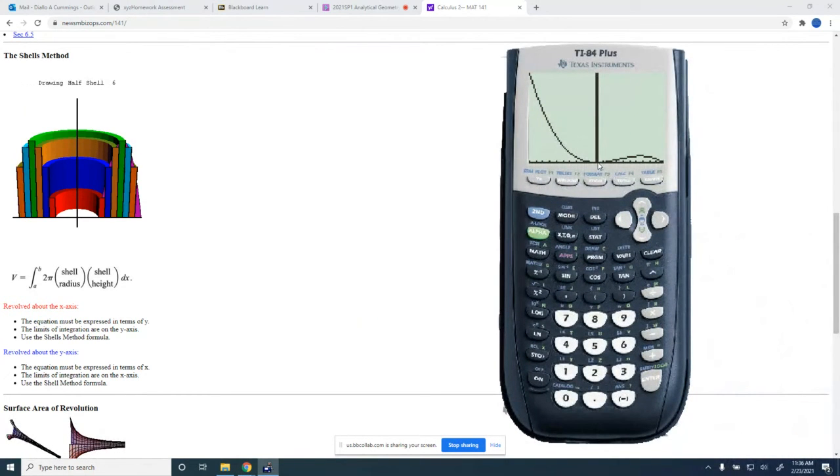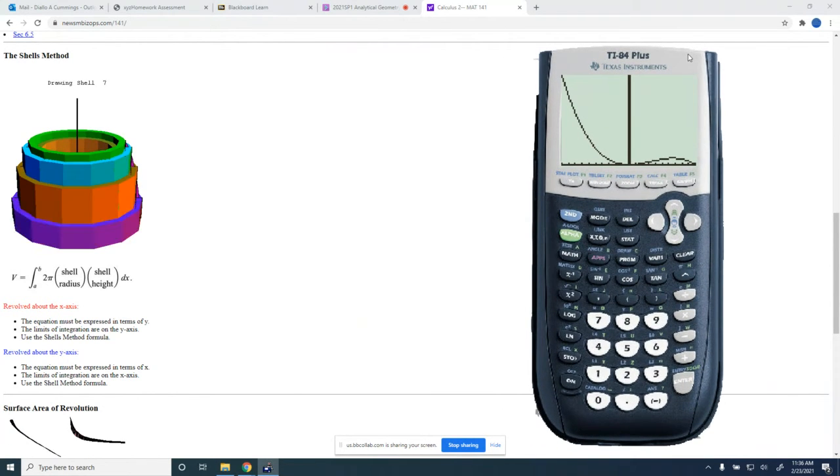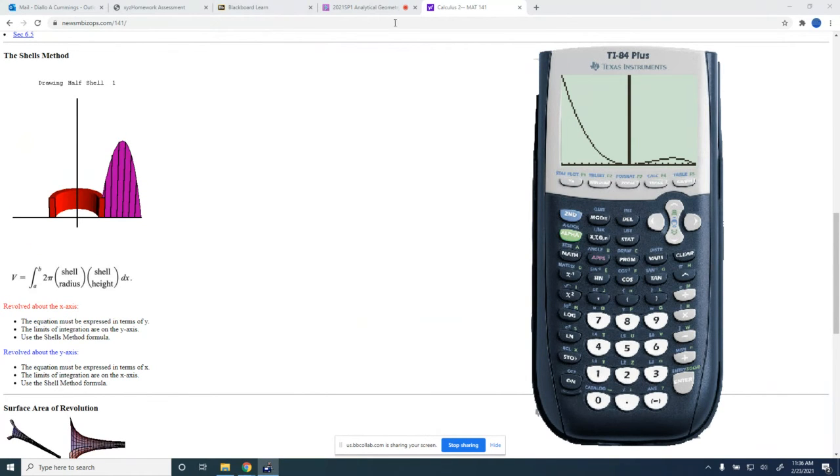Right, so notice that we found the limits of integration are from 0 to 10. So now we're going to set up our volume function using the shell method.